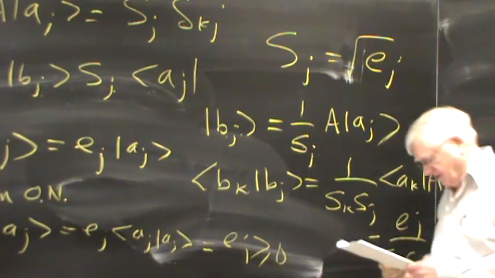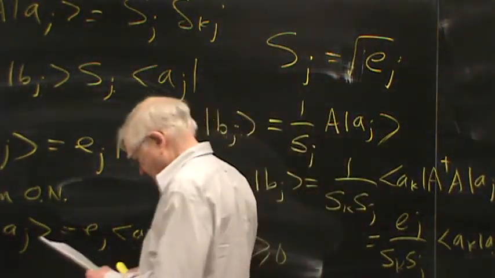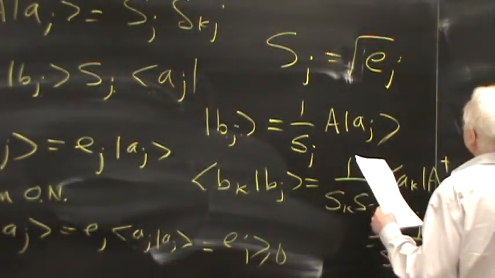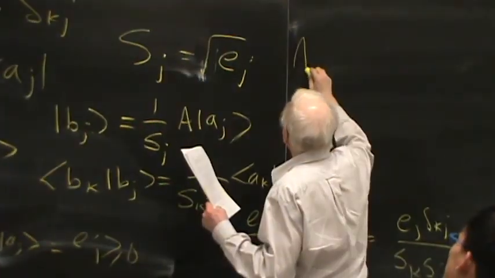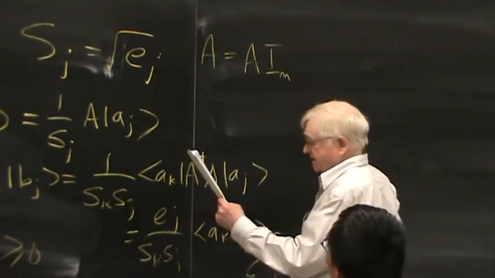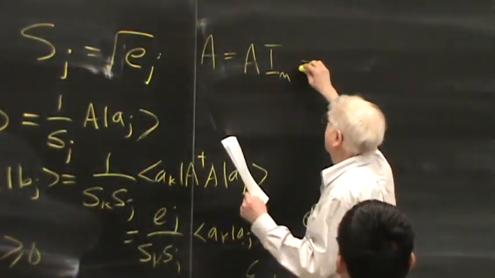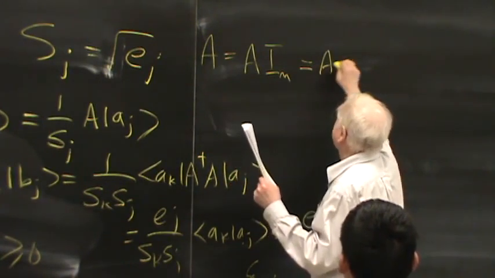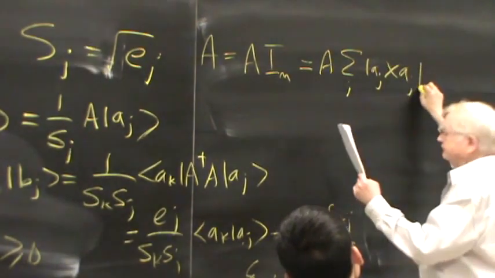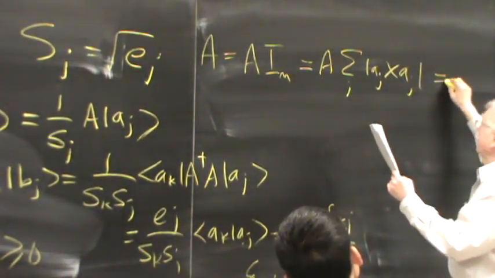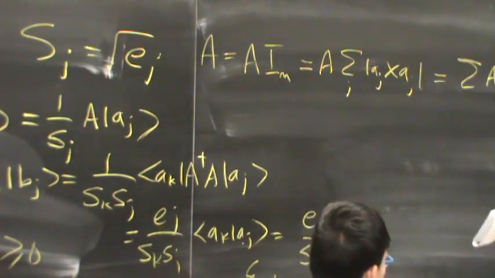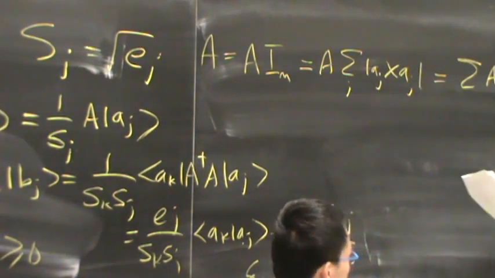Okay, so that's the singular value decomposition. And once again, just to see how it works, you write A as A acting on the identity operator for the space Sn, so that it's A on the sum over j of |aj⟩⟨aj|. This is the sum, of course, of A|aj⟩⟨aj|.